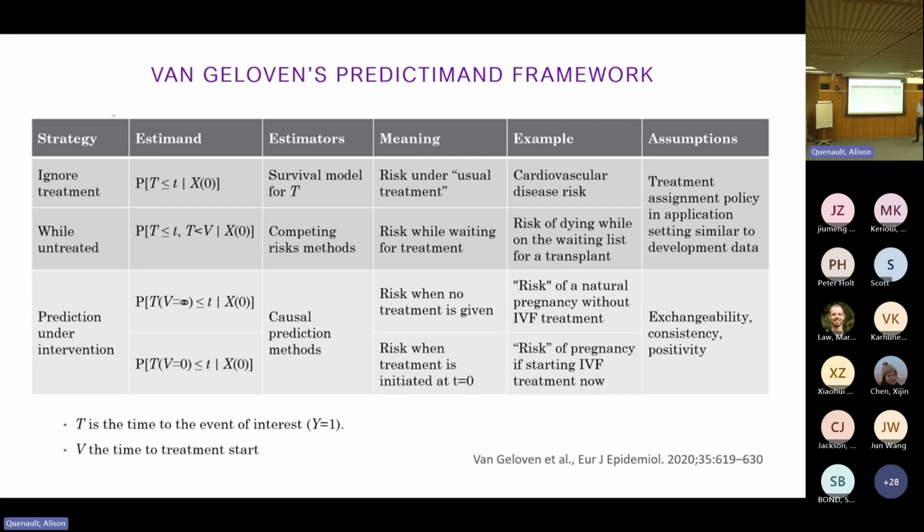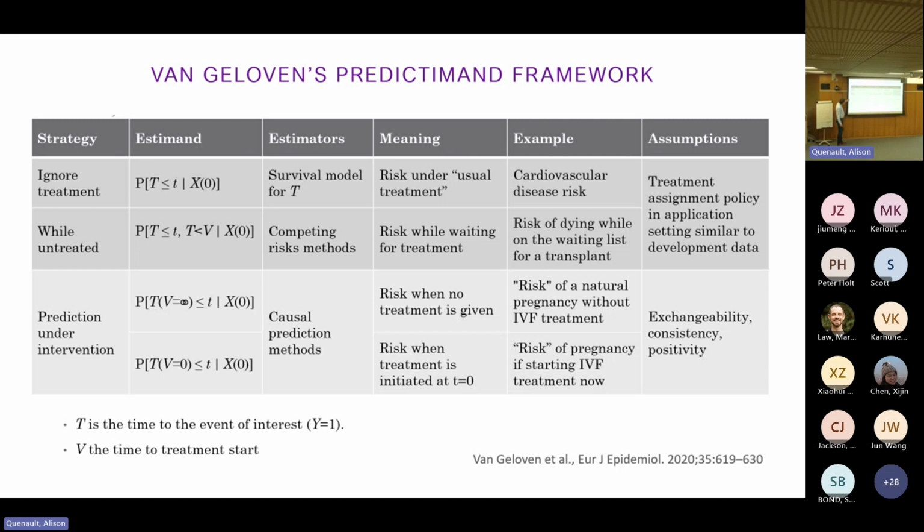Historically, we don't do that. So if we look at the first row of the table, the traditional approach is just to ignore treatment altogether, so it doesn't play a role in our estimate. It's slightly different here than the one that I used before, because we're using survival model notation.